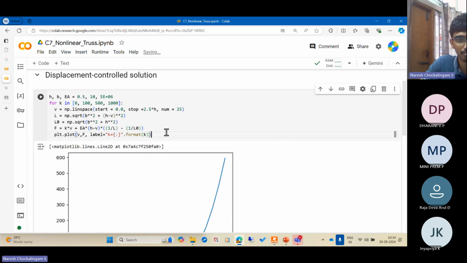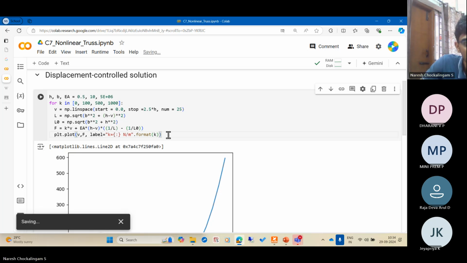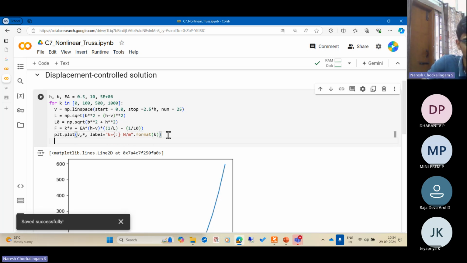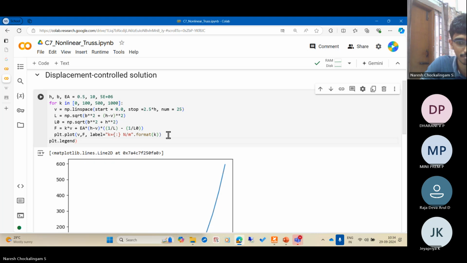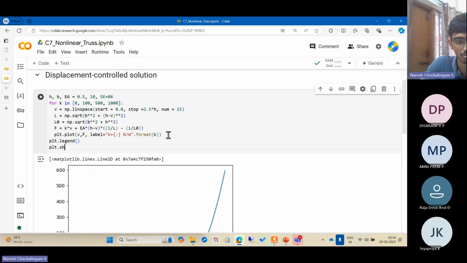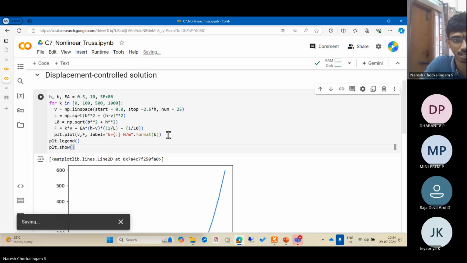If you want, you can add units, Newton per meter. And then finally you just say plt dot legend so that it will display the legend, and plt dot show so that it will show the plot. So it will plot all of them, and then we'll get the final answer.